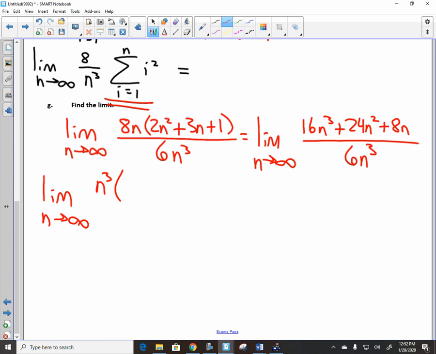Factored n cubed out of the top. What were we left with? 16 plus 24 over n plus 8 over n squared. I'm going to pause to let anybody catch up so we can then all have the dramatic effect together.